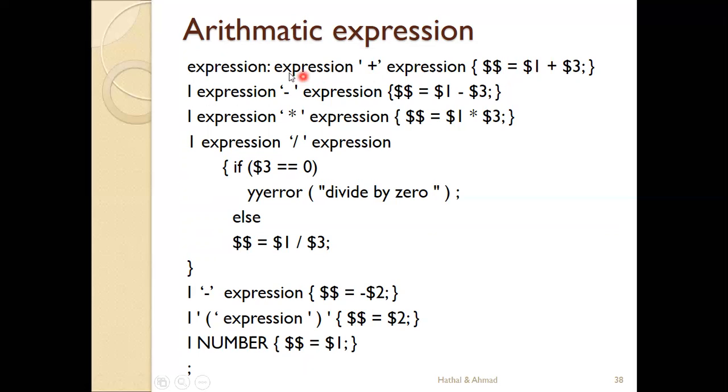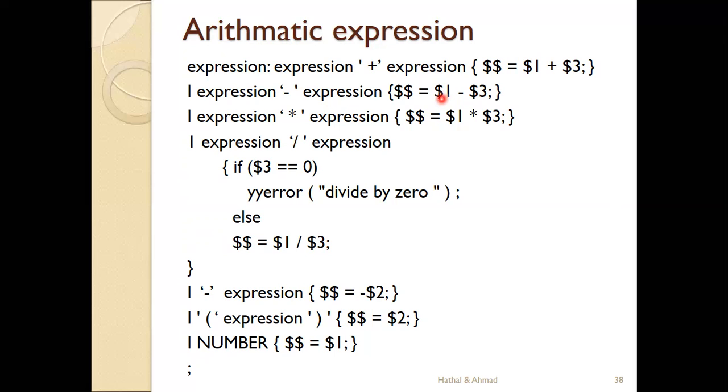In these arithmetic expression productions, the expression is defined as expression plus expression, or the expression can be defined as expression minus expression. The code enclosed in the braces indicates the user C code for the evaluation of this expression.